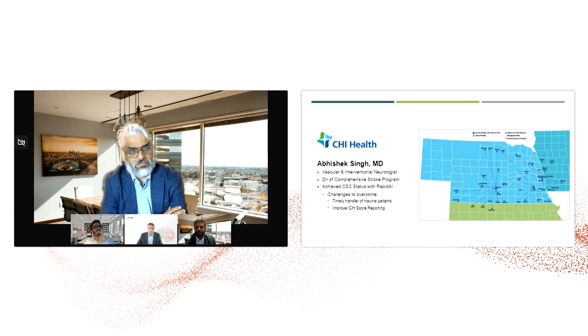And Rapid was instrumental and is still instrumental in a lot of our compliance ask in Comprehensive Stroke Center, where I'm director. And it helped me tremendously in taking a primary stroke center to a comprehensive stroke center in a short duration of time. So I'm very thankful for this technology.